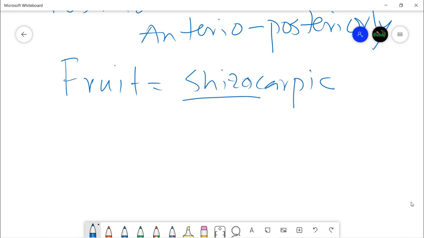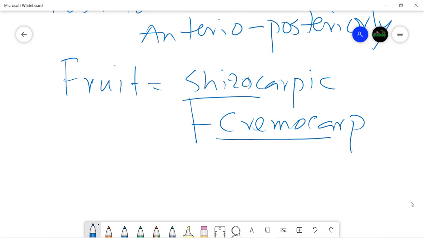Schizocarpic fruits are those which split into one-seeded compartments. There are different kinds of schizocarpic fruits like lomentum and others. The characteristic fruit of family Apiaceae is known as cremocarp. Cremocarp is a subcategory of schizocarpic fruit, and it is the characteristic fruit of family Apiaceae.